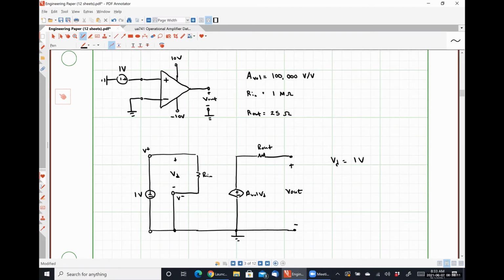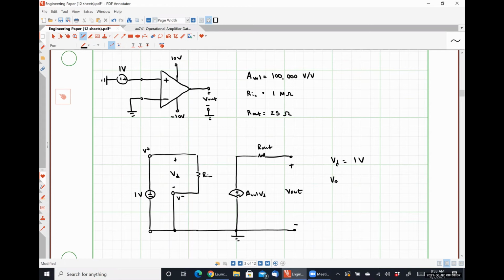Should we observe any current flowing through our resistance R out? No, because it's not part of a closed current carrying loop. So no current will flow through the resistor R out, which means no voltage drop occurs over the resistor R out. So that means that V out is just AVOL times VD, right? Just using good old Kirchhoff's voltage law.